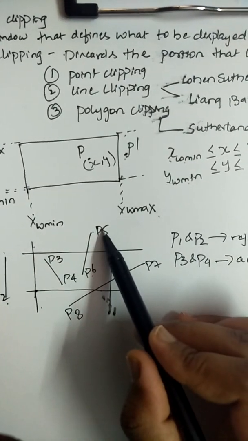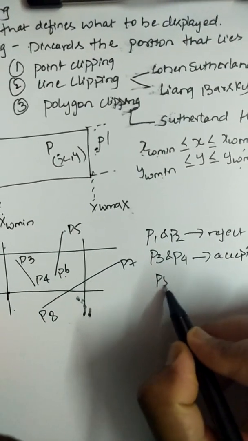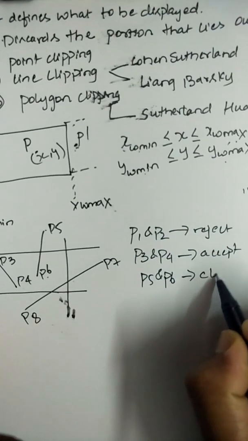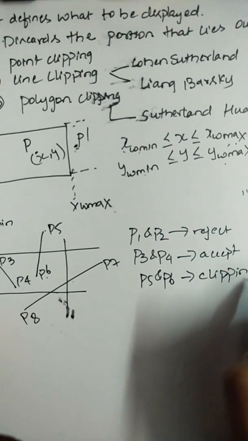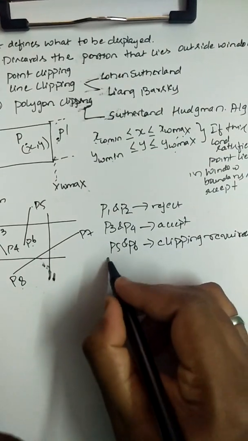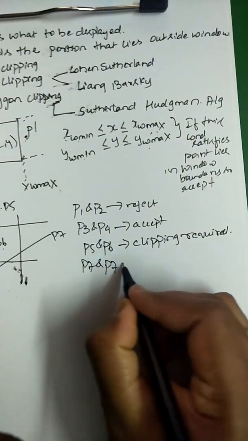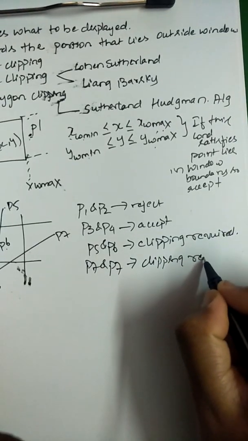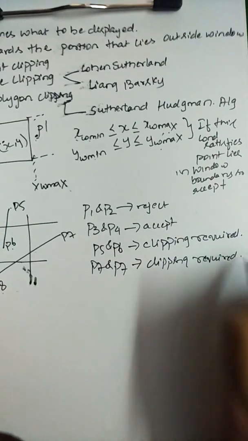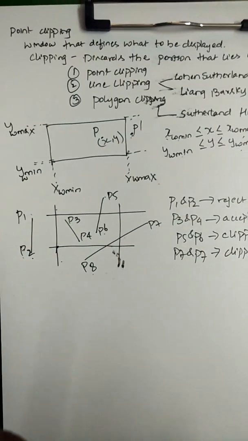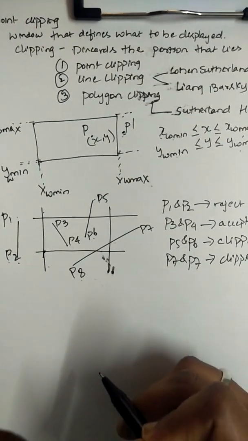For P5 and P6, we have to apply the clipping concept. Even for P7 and P8, clipping is required. First, we have to consider the end points and apply the point clipping.